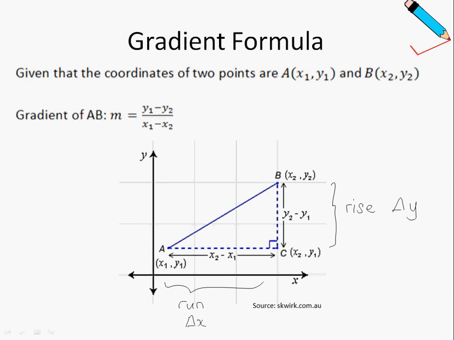The change in y is denoted by the y coordinate of A minus the y coordinate of B, divided by the x coordinate of A minus the x coordinate of B. And there you have it. This is the gradient formula.